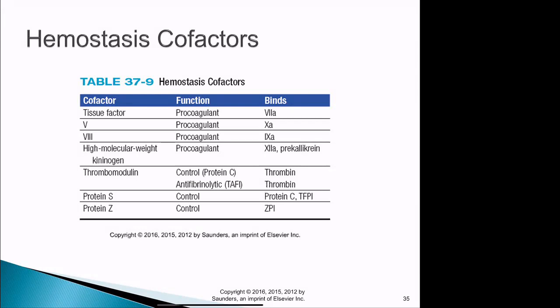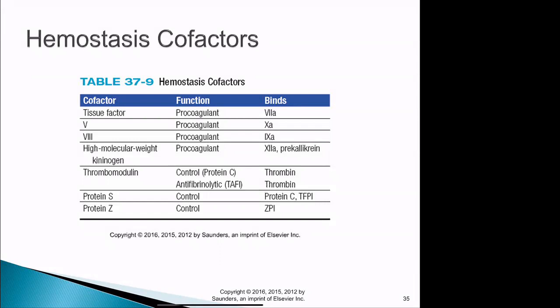That means it has been activated. When you just see factor 7 without the little a, it has not been activated yet. Factor 5 is a procoagulant too, and factor 8 is a procoagulant, and they bind activated factor 10 and activated factor 9 respectively.